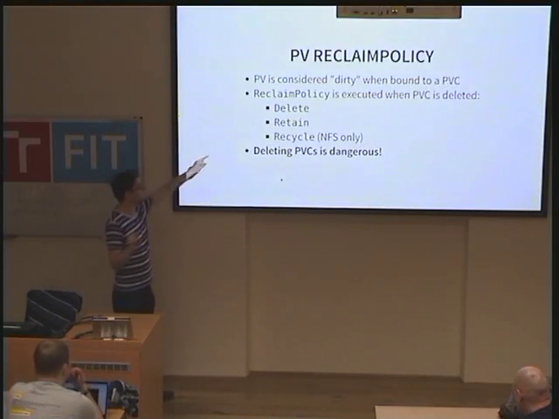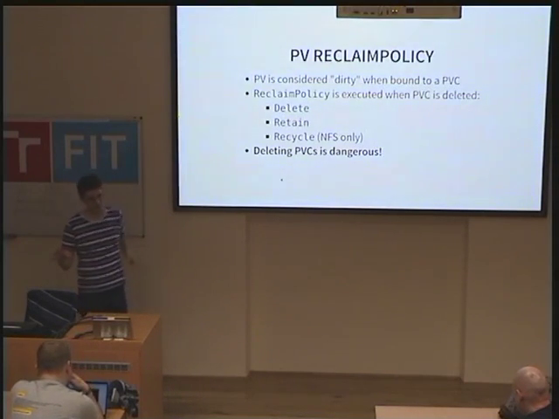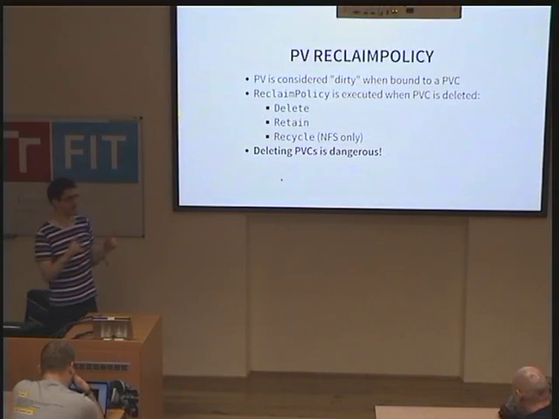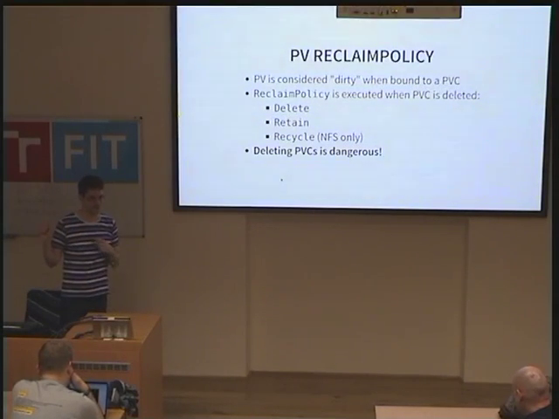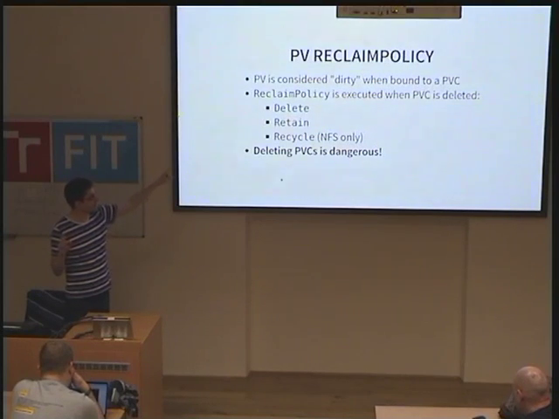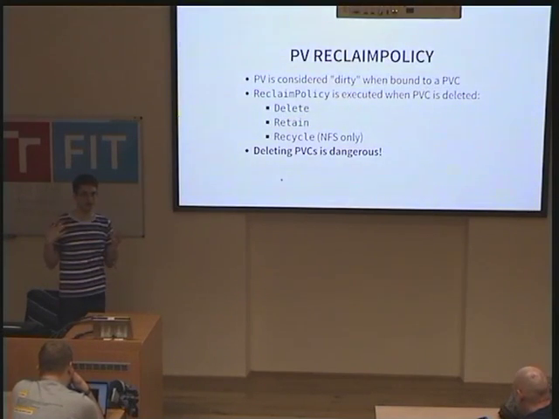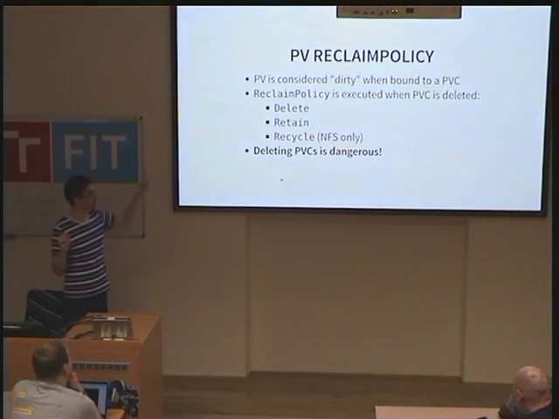And retain means that the volume is there forever, and it cannot be bound to a different user, because there can be credit card details, usernames, passwords on the volume. We don't know. OpenShift doesn't know. So we won't allow anybody to read the data. But the administrator can get to the data if the user changes his mind, says, oops, I deleted something accidentally, please give me back the data.